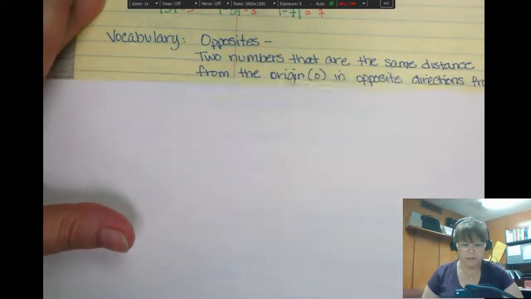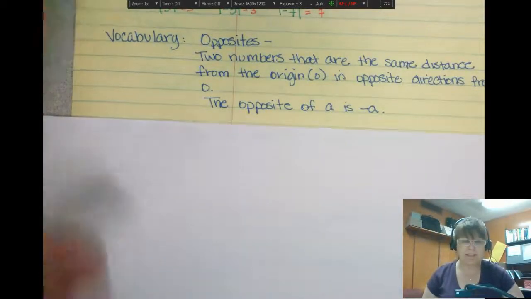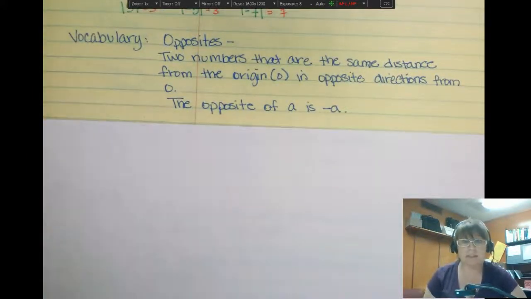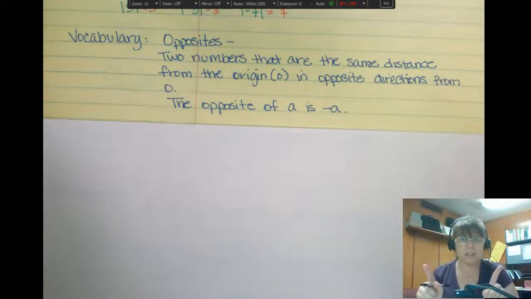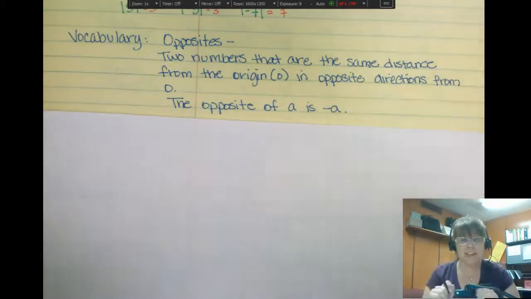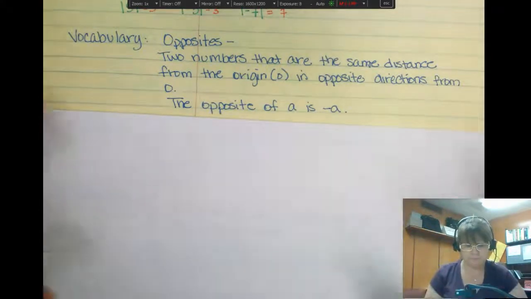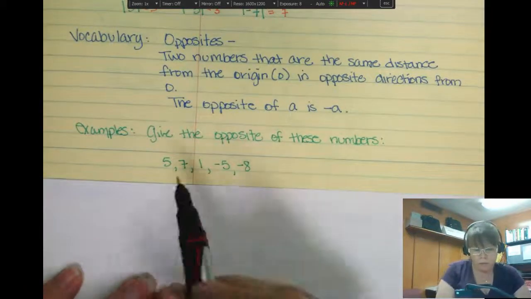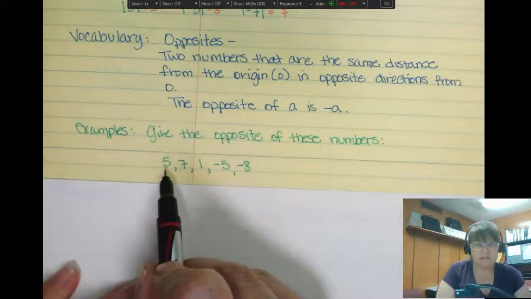Now another bit of terminology or vocabulary is opposites. If two numbers are the same distance from 0 but in the opposite direction, those are opposites. So for a generic form, the opposite of A is negative A. So let's think about what is the opposite of 5.